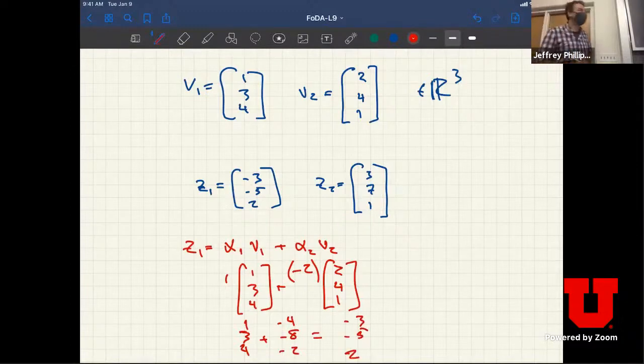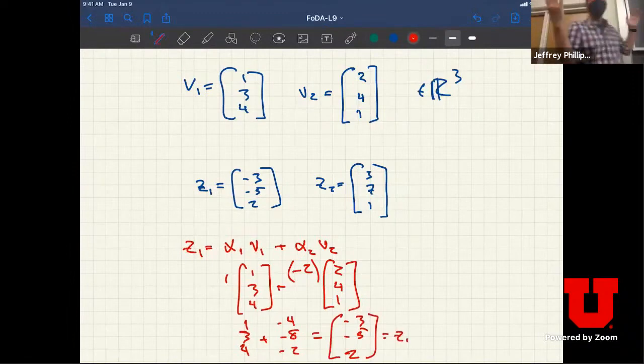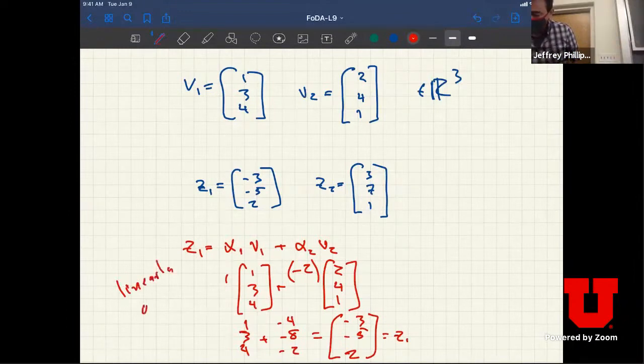That works. So I get back -3, -5, 2, and this is exactly Z1. Great. So Z1 is linearly dependent on V1 and V2. Good.